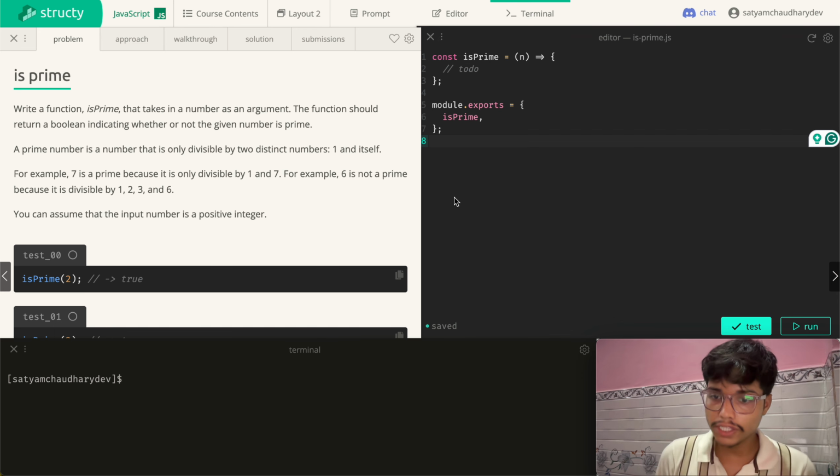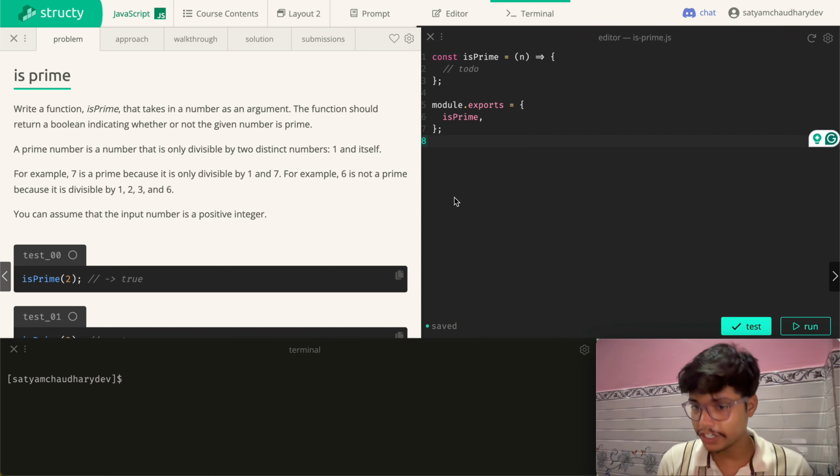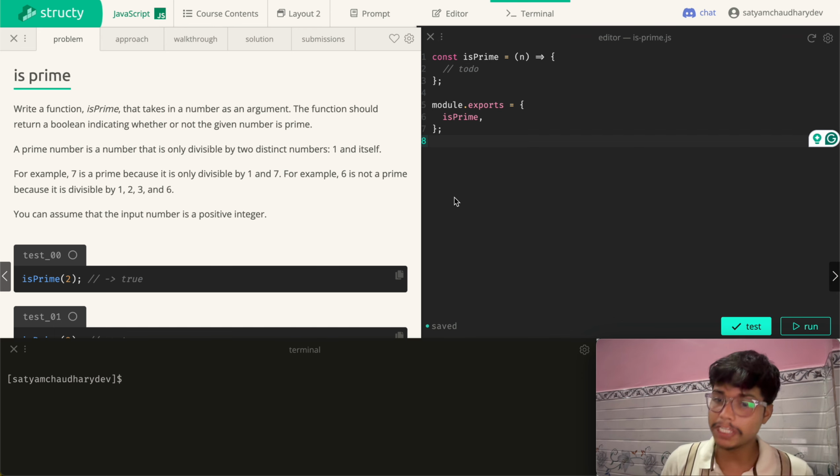So we need to create a function which determines if a given number is a prime or not. Before tackling the problem, let's start with some understanding. What is a prime number?